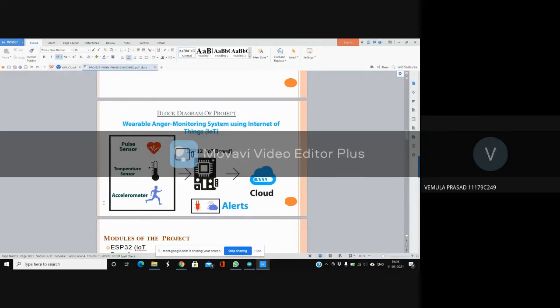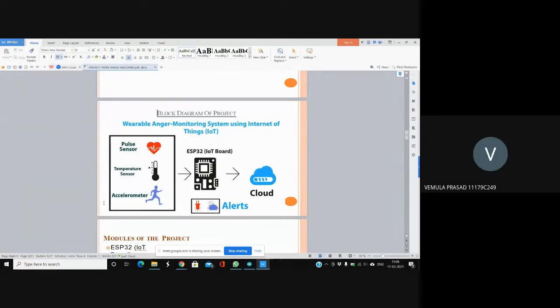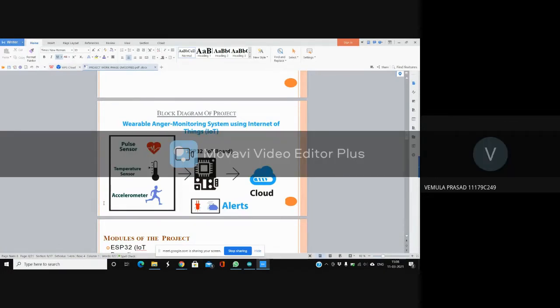The model is ADXL335. The ADXL335 has three axes: x-axis, y-axis and z-axis. The output signals of this model are analog voltages that are proportional to the acceleration.